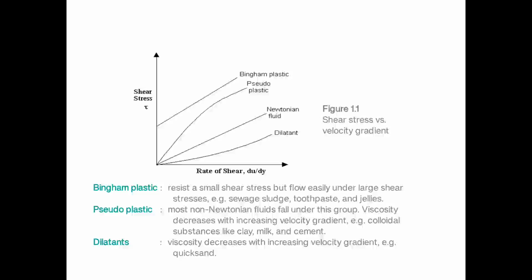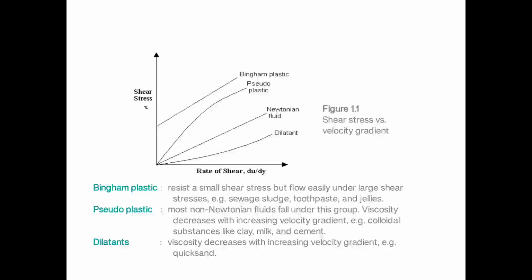Got it? Most of the non-Newtonian fluids generally fall under this group, like the milk we use to make tea or coffee or a plain thing we can eat, and the clay which we use as a binding agent, even to construct walls for our houses in ancient days, along with water. Nowadays, modern construction uses cement.